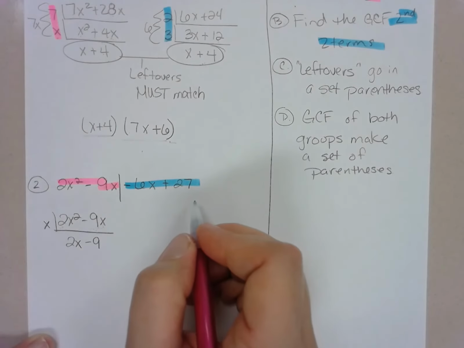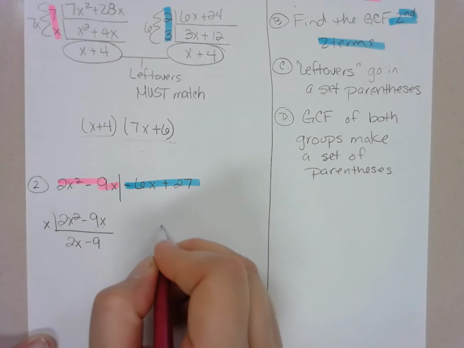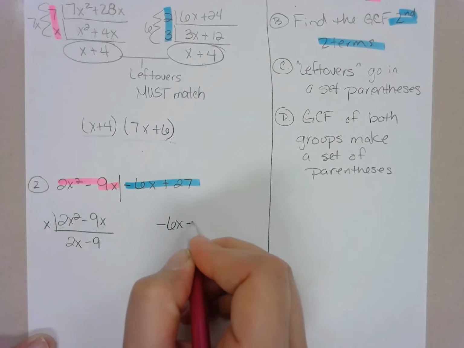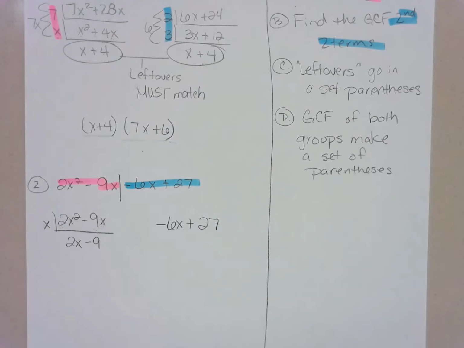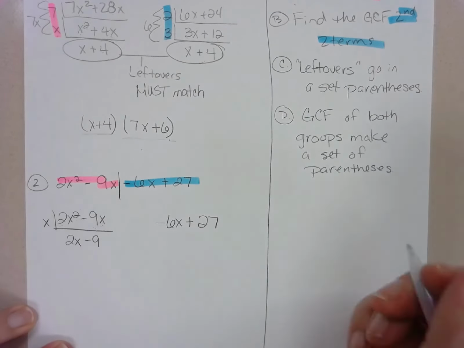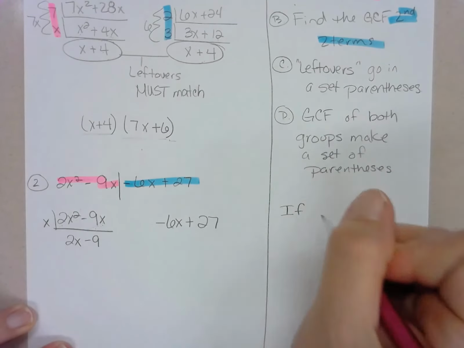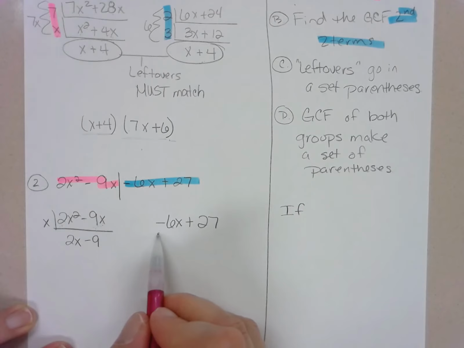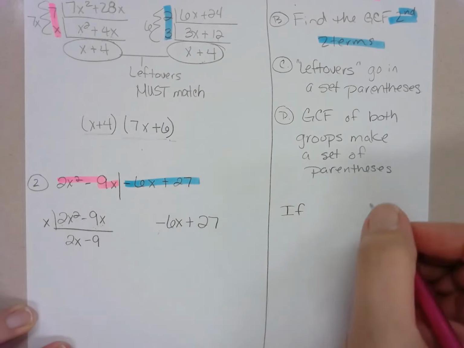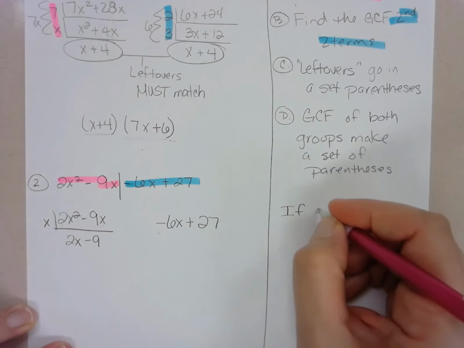And I'm going to do the same thing with that second half of the problem. Negative 6x plus 27. And I'm going to factor that out. So before I do that, there's something I need to point out. If a group leads with a negative number, you need to factor that negative out.